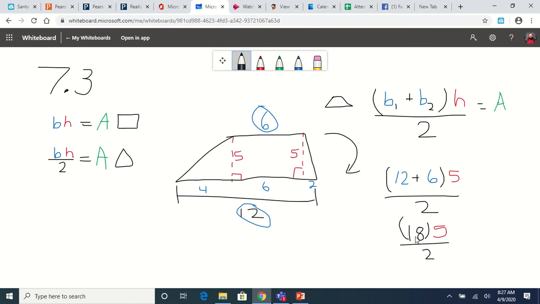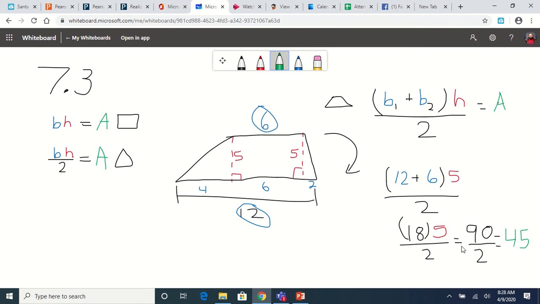That gives me 90. So that would give me 90 over 2. Follow along with me here because I'm running out of space. 90 divided by 2 would give me an area of 45.